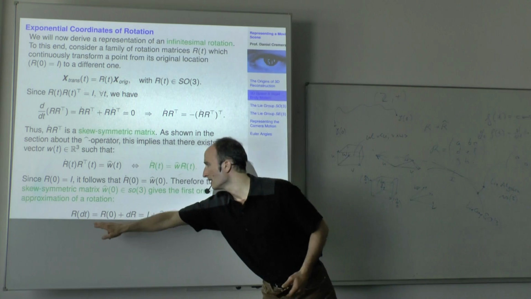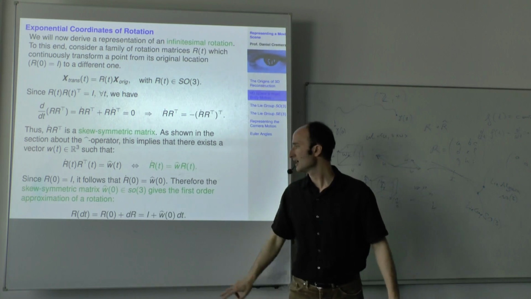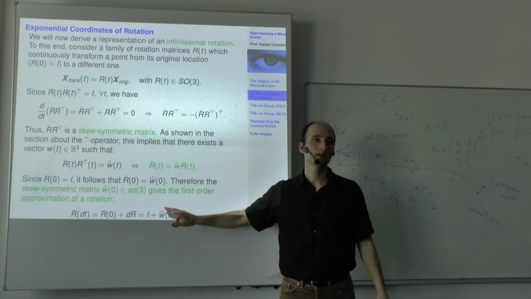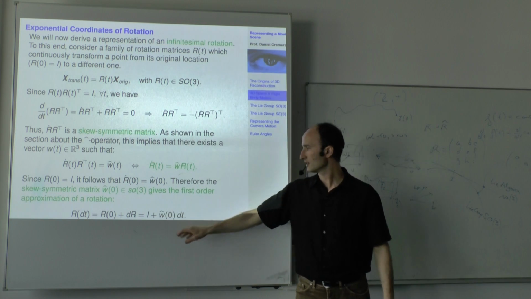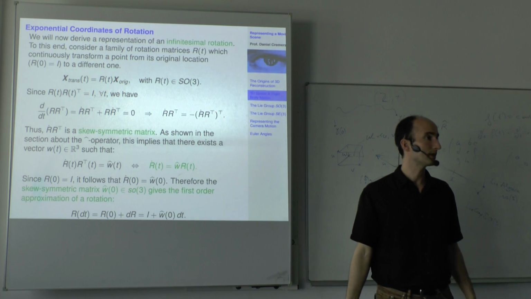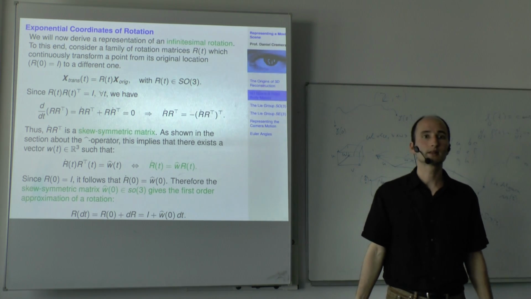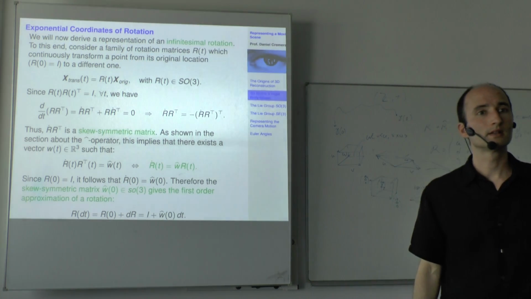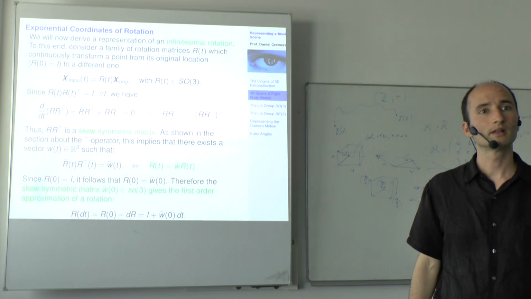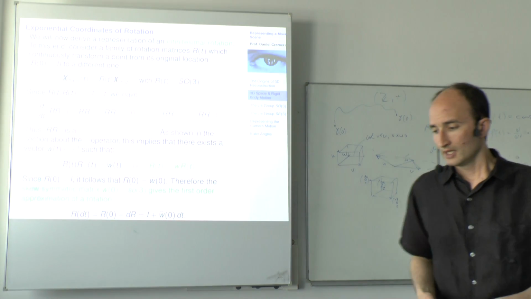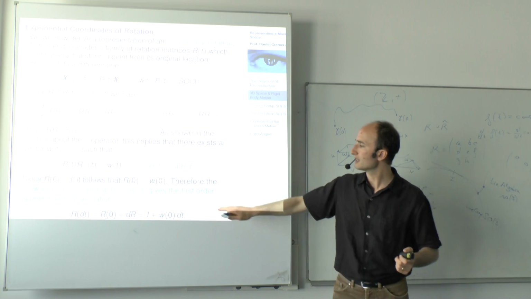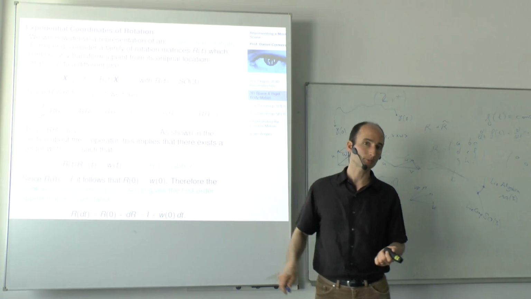Again, down here, a rotation by dt is nothing but an offset from the unit matrix by some scaled version of W hat, a skew-symmetric matrix. Yes? Wouldn't that mean that every rotation matrix has only ones on the main diagonal? No, not exactly. This is just an infinitesimal first-order approximation.